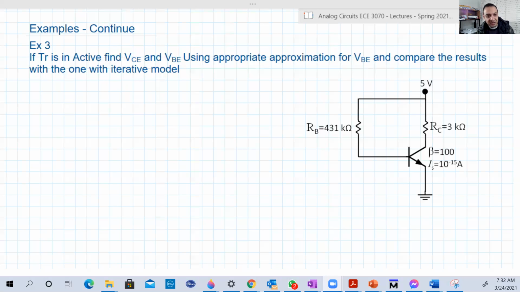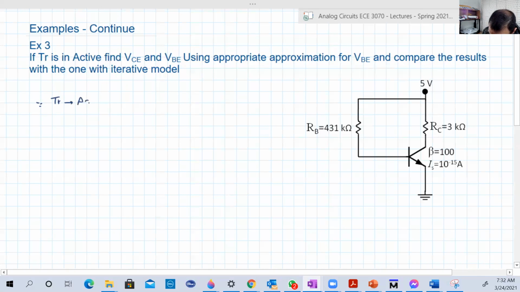So in the same example that we did iteratively last time, we're going to solve it now using that approximation. We know it's in the active region, so we know that J1, the junction between the base and the emitter, is forward and on. So we assume that VBE equals 0.7 volt, fixed.